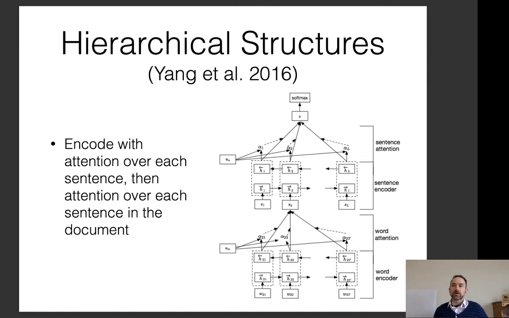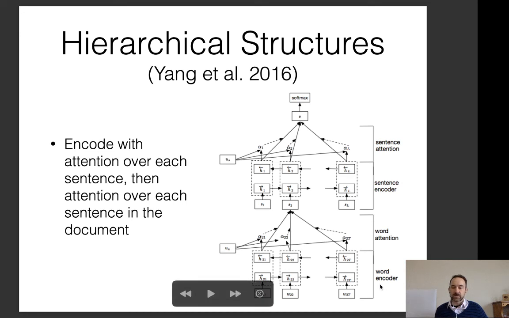There's also hierarchical models of attention. The basic idea here being that we first want to attend, for example, to individual words in a sentence. And then after we've attended to individual words in the sentence, we aggregate them into a vector for a single sentence. And then we attend to the sentence vectors in an entire document, for example.